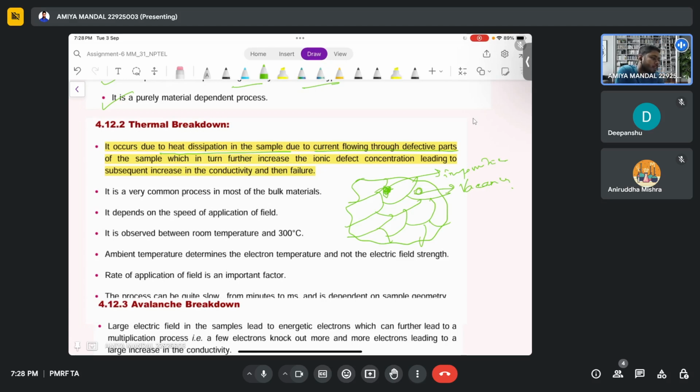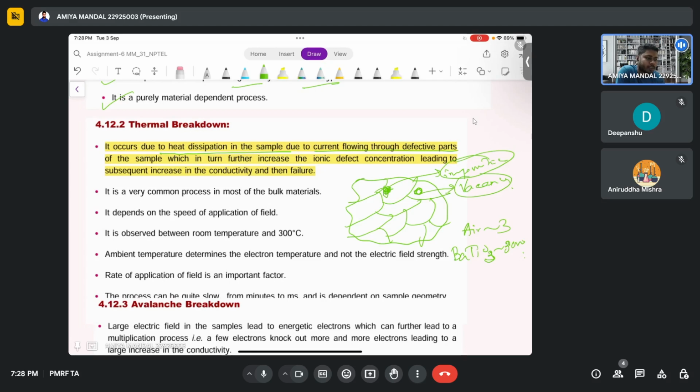They are easily polarized. As you know, air has a dielectric constant of about 3. For barium titanate, it has a dielectric constant of about 300. So in this vacancy or impurity part, it easily breaks down.